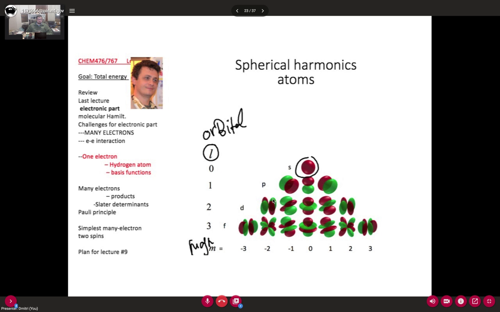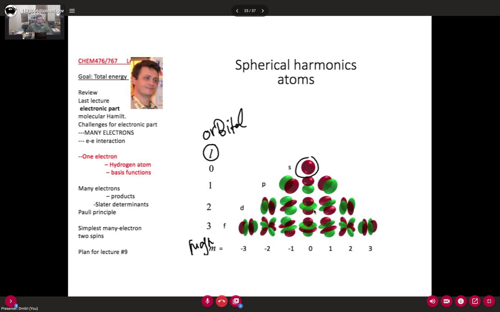You see its central column, then all shapes have nodal planes or nodal cones symmetric in x and y. There is a blob at the top and the bottom, and maybe some donut in between.